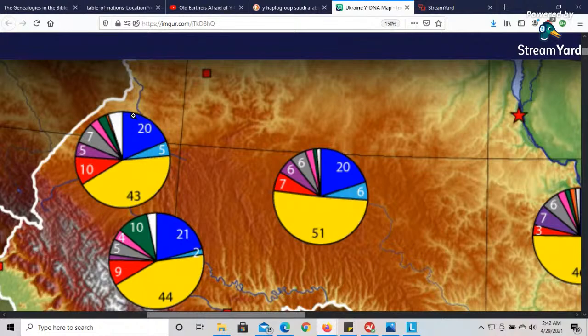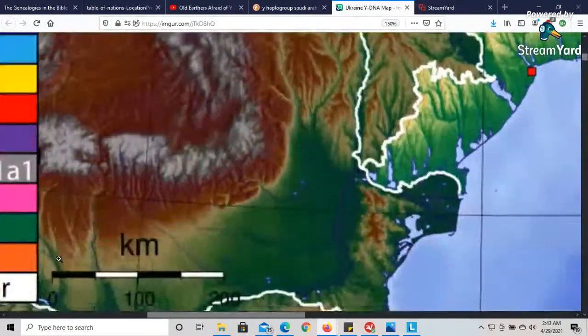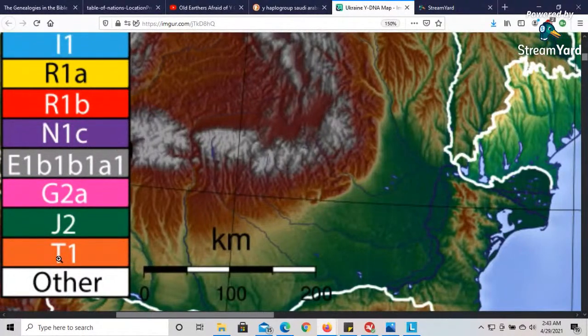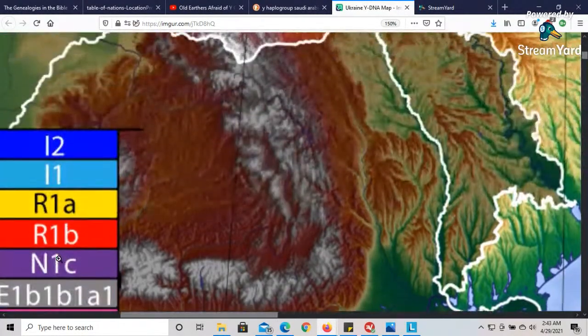But then, of course, we got a quarter of the population, that's 25%, is Israelite up here. We have the Canaanite population, the T. Remember the T? Oh, the T is the green, right? Which one's the T? No, the T is the brown, okay.